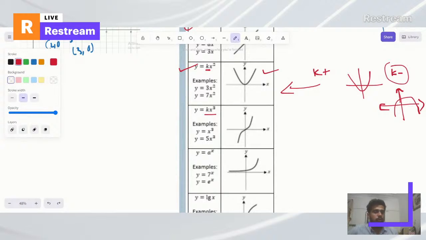Now what about the cubic equation? If I have, let's say, 3x cubed, the graph is going to be somewhat like this, like this.